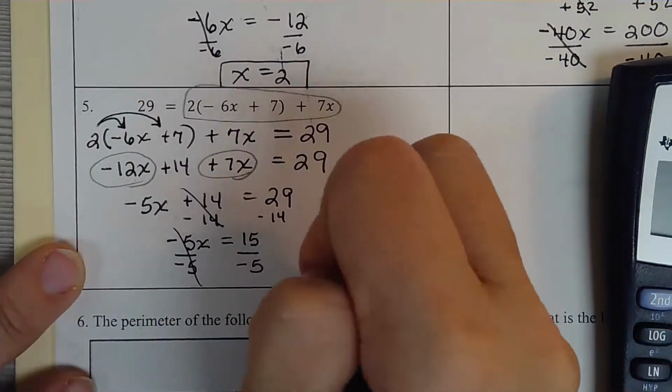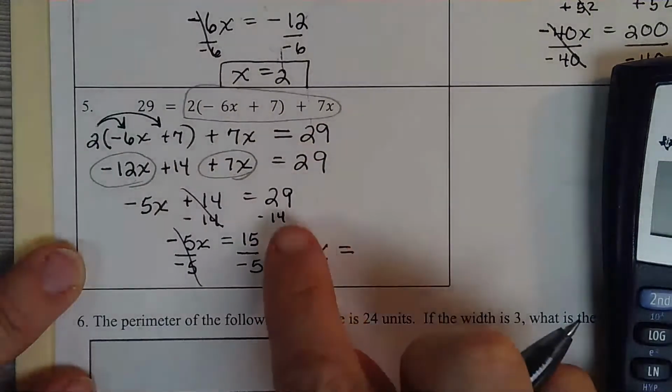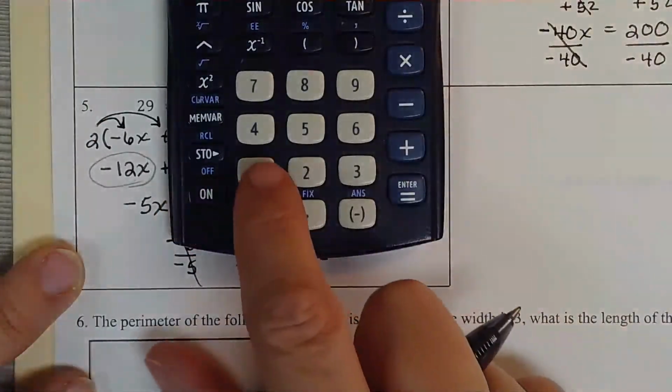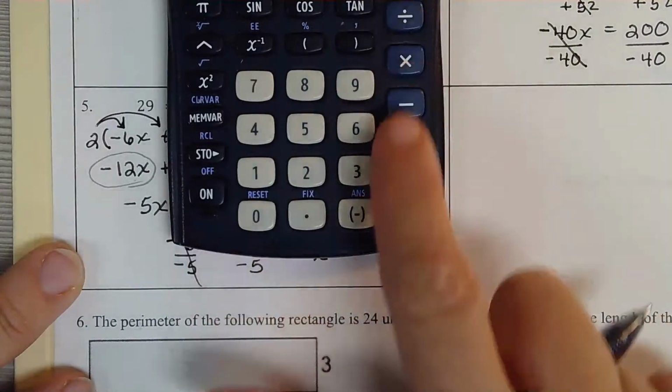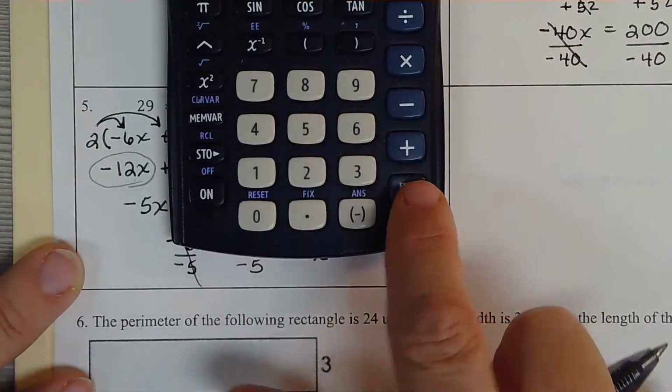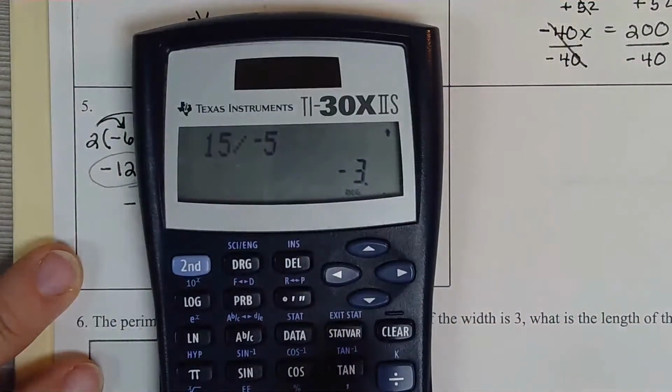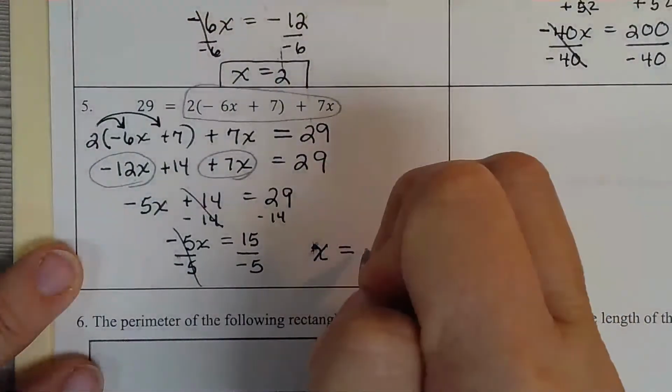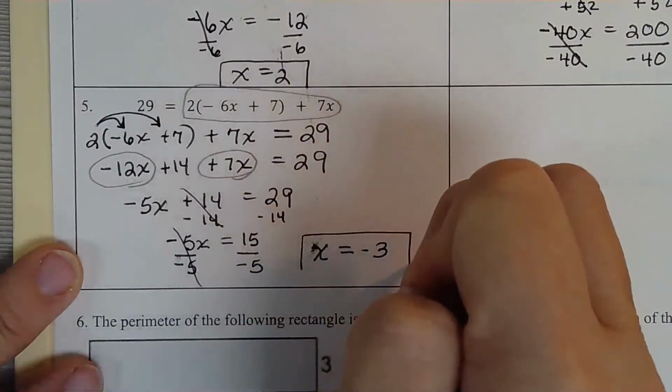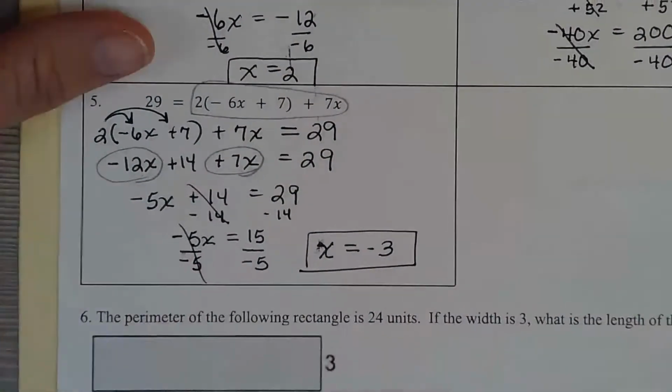Negative 5s are gone. X equals 15 divided by negative 5. 15 divided by negative 5 equals negative 3. Box in your solution.